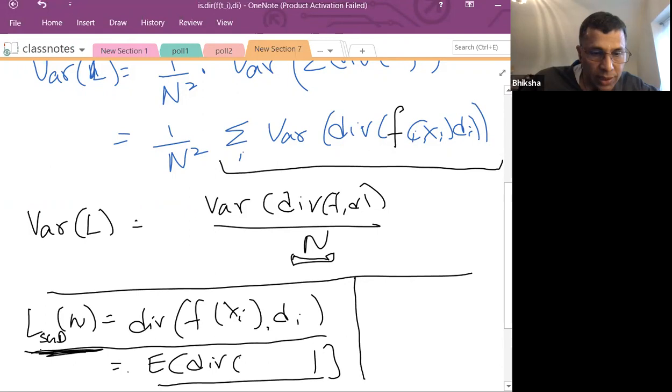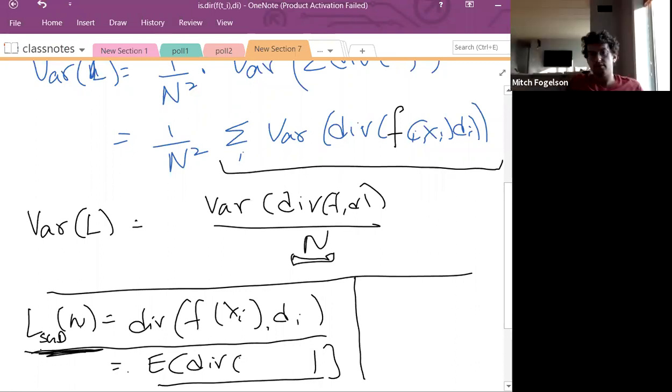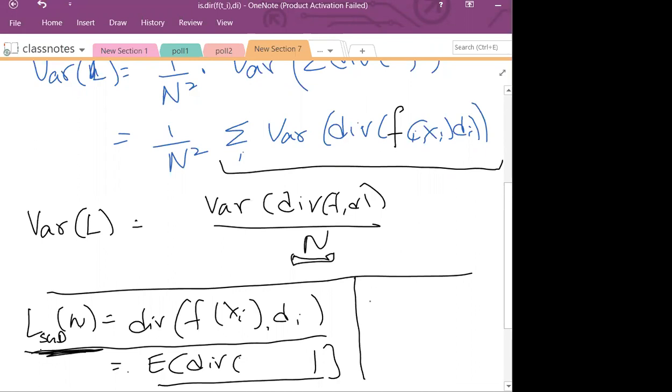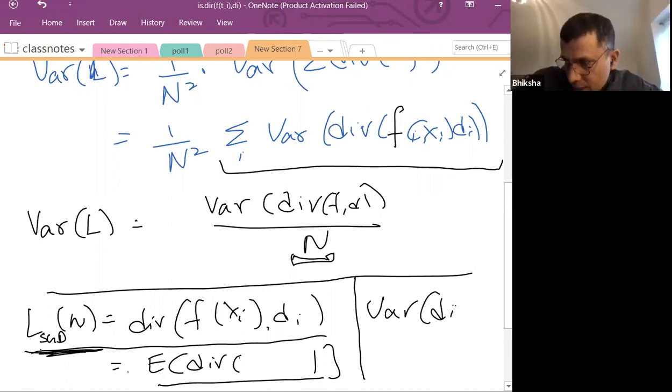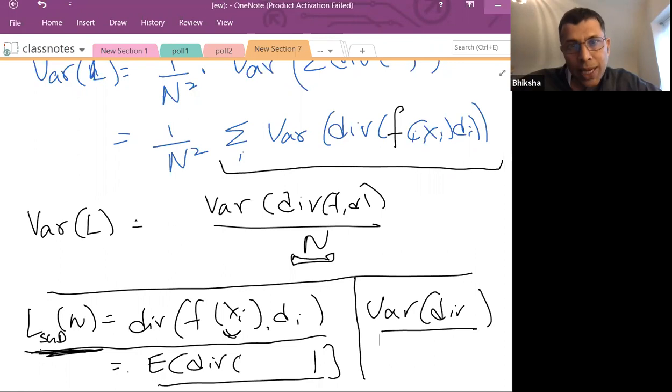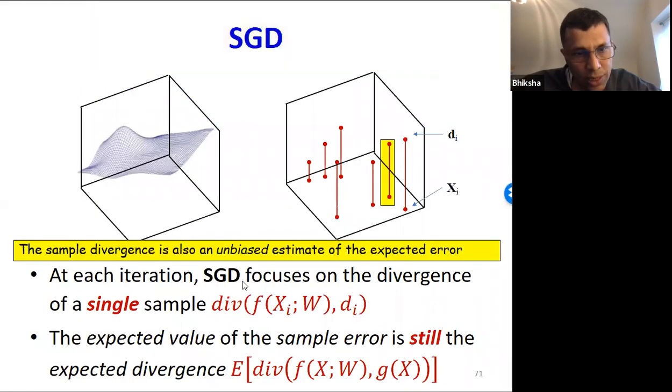What's it going to be? Zero, right? No, remember, it's just one. It's just going to be the variance of the divergence itself, right? For a single instance, it's a randomly drawn sample. And so if this doesn't make sense, we'll see this pictorially.